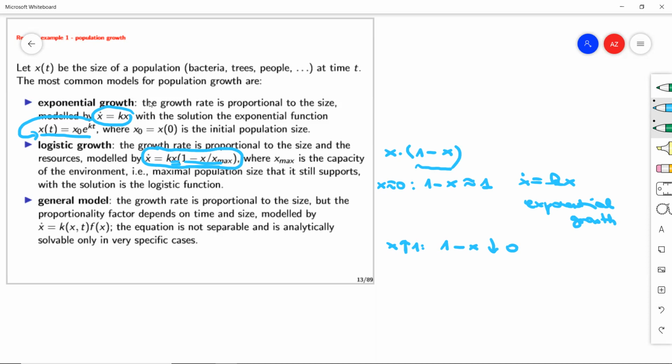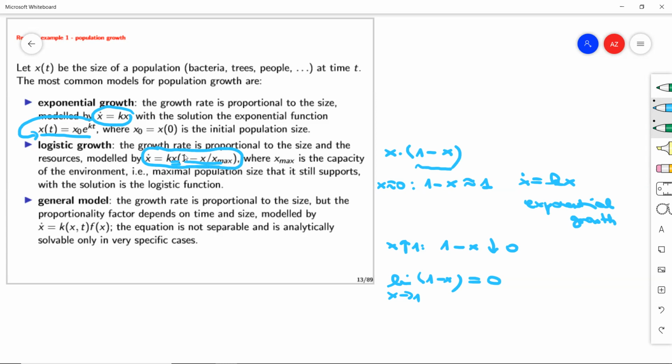But in the limit, when x goes to 1, this 1 minus x becomes 0. And the growth stops. So when the capacity of the environment, the maximum amount of the population, is reached, the growth stops. And this is the meaning of this second factor, 1 minus x.